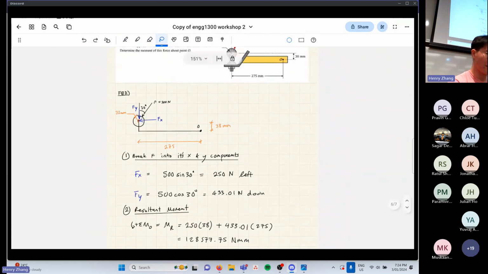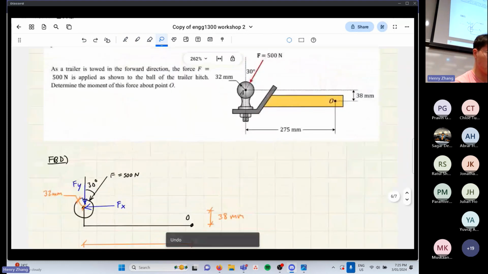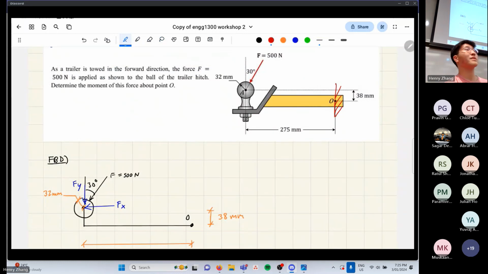They effectively consider this as a fixed support, and they give this OY, OX, and MO. So that's a resisting moment. They treat it like a reaction question.